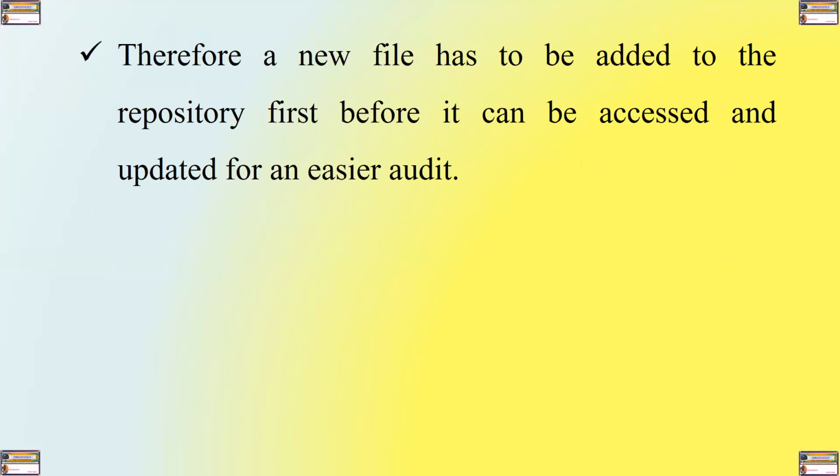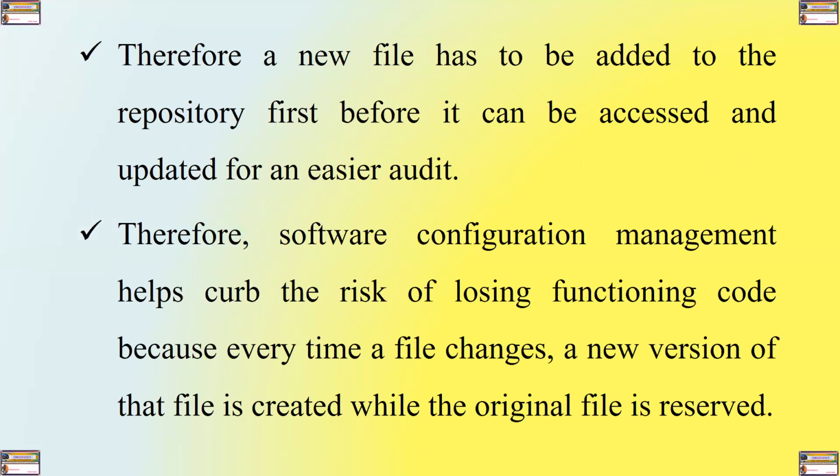Therefore, a new file has to be added to the repository first before it can be accessed and updated for an easier audit. Therefore, software configuration management helps curb the risk of losing functioning code because every time a file changes, a new version of the file is created while the original file is preserved.